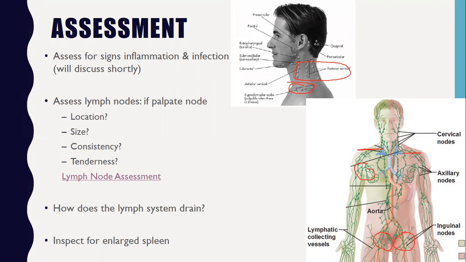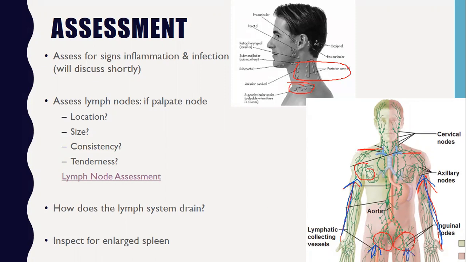So the lymph node system drains distal to proximal. The hands and arms will drain to the axillary region, right? Distal to proximal. Legs and feet are going to drain to the inguinal nodes here, right?